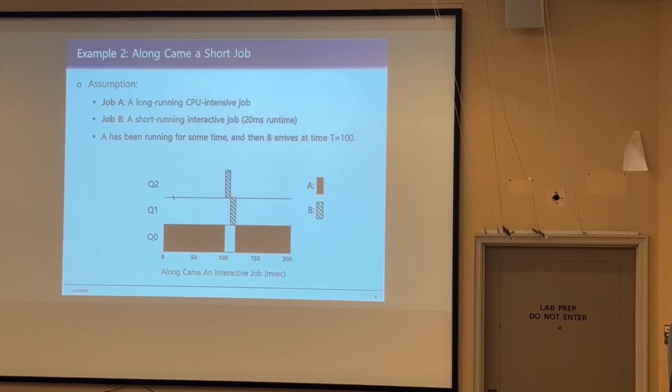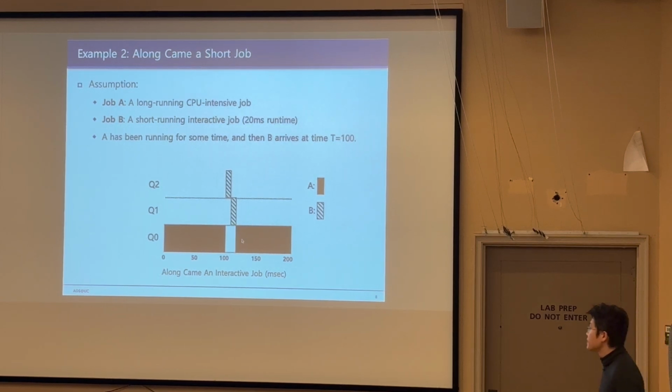When A is running and B arrives, because B has a high priority, it will preempt process A. The CPU will be assigned to process B, and process B will execute for a time slice, and its priority is reduced to Q1 and it gets another time slice until it finishes. It only has 20 milliseconds, so it finishes execution. And then the system switches to execute process A. This is still very, very simple.